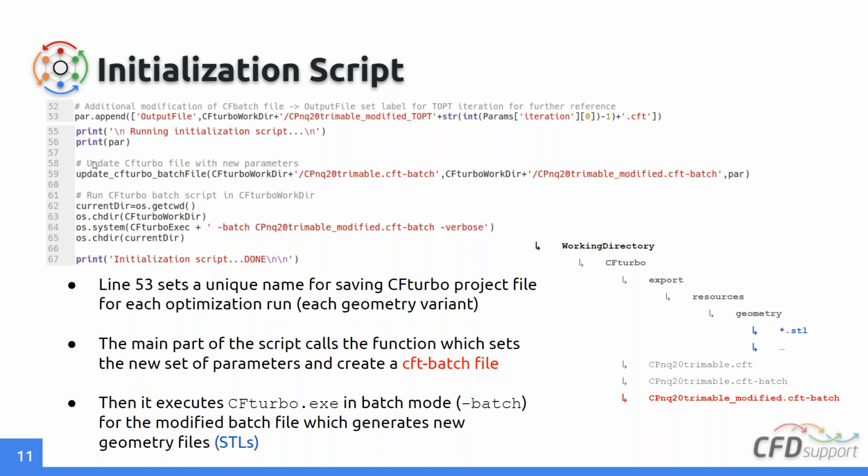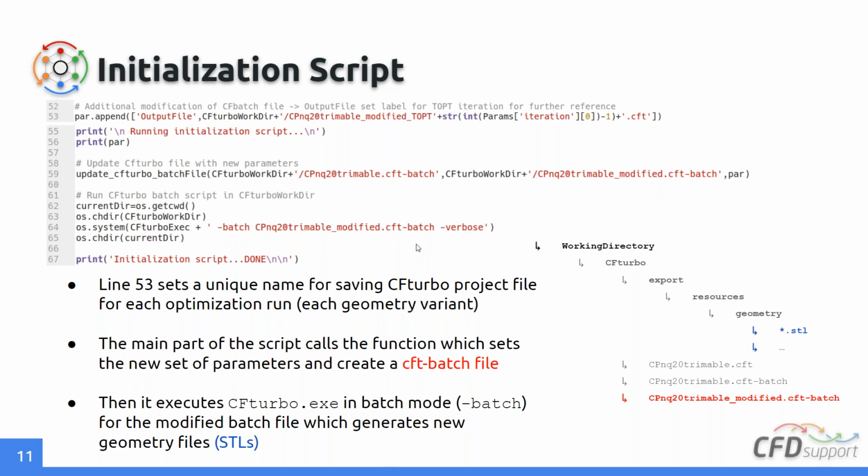Okay, then we run the function which sets the new parameters and creates our modified batch file, and then by this set of commands we jump into the CFturbo working directory, and we execute the CFturbo exe in batch mode with this modified file.